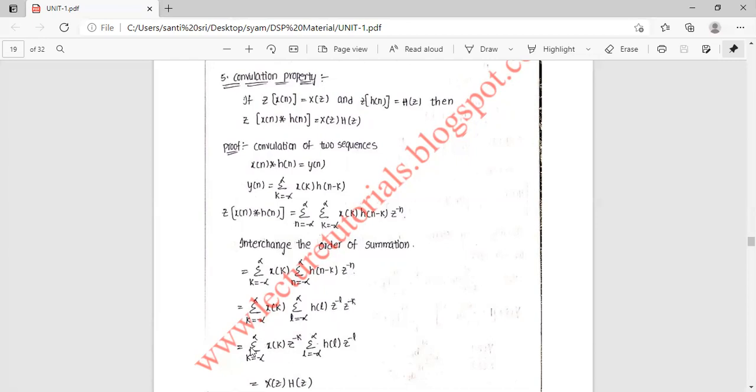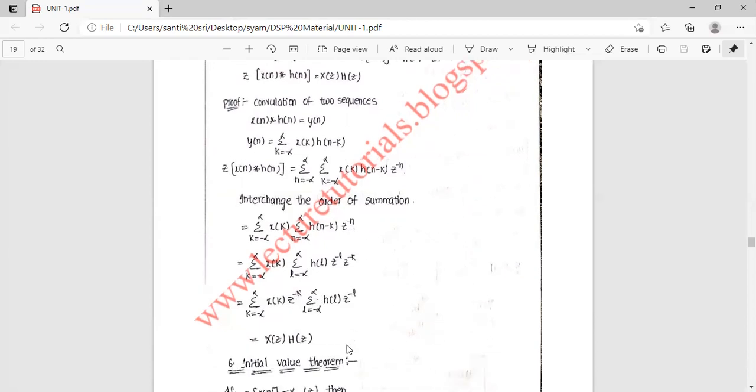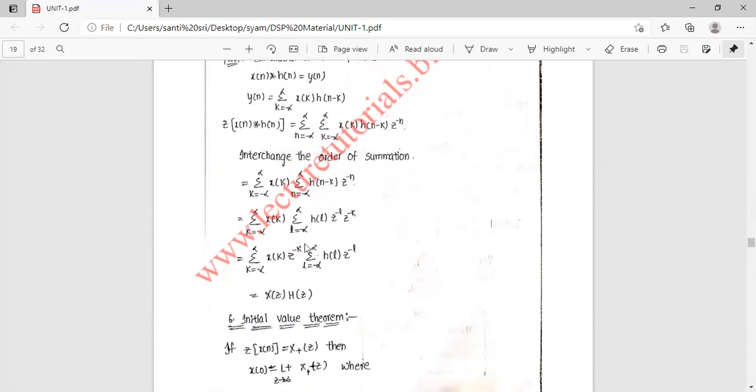So it is equal to sigma k is minus infinity to infinity x of k into z power minus k, and sigma l is minus infinity to infinity h of l into z power minus l, which is nothing but X(z) and nothing but H(z).